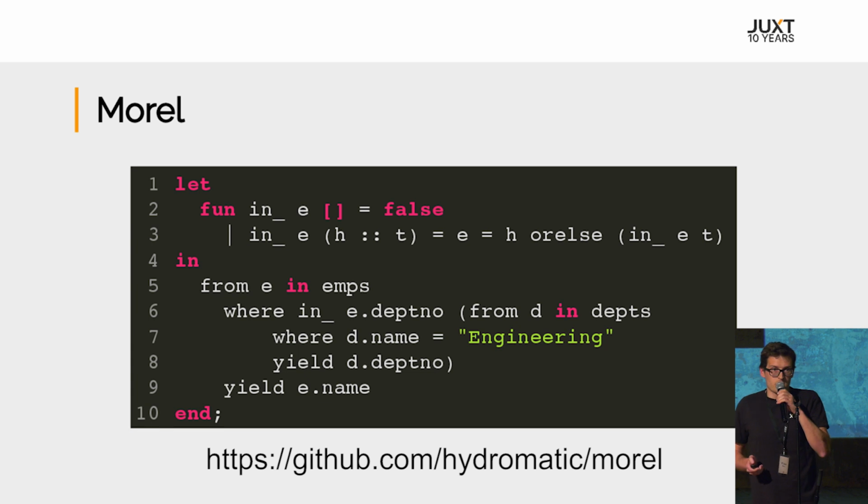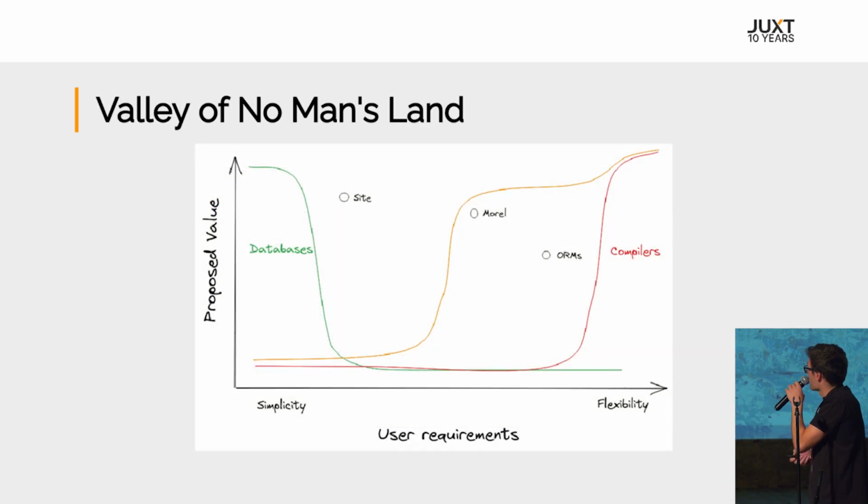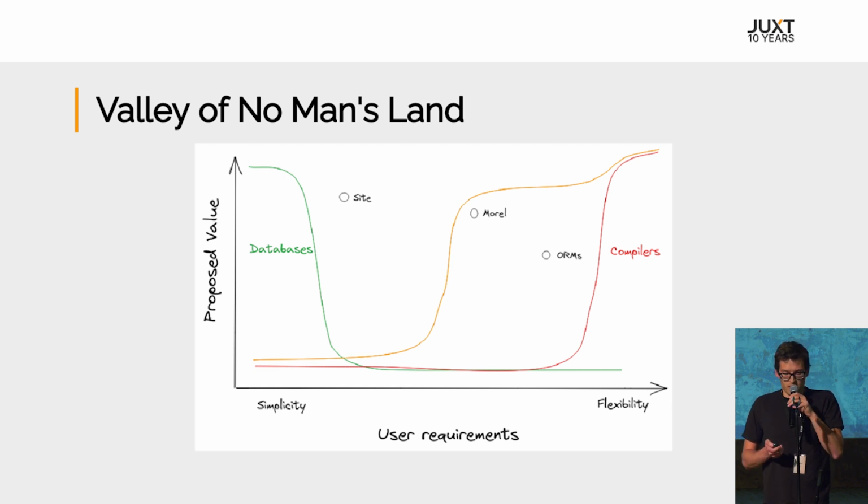So the interesting question is, of course, where do we place Morel on the diagram just before? This is where I would place it, because essentially it's coming from the compiler side, but it's trying to push towards the database side, sort of doing the simple things, but in the same project, or sorry, in the same system.